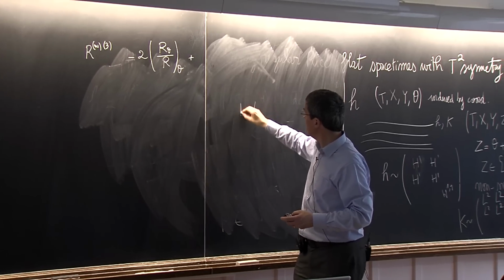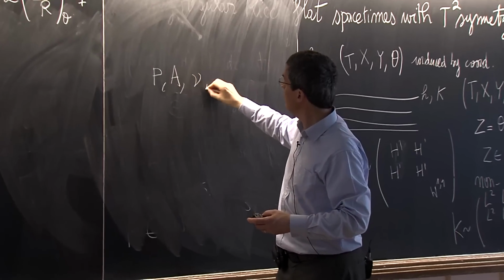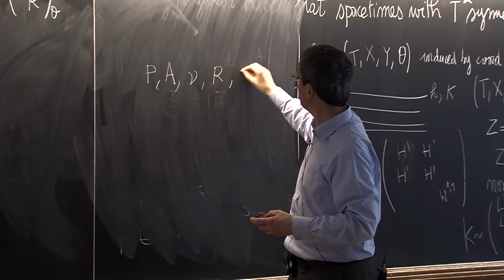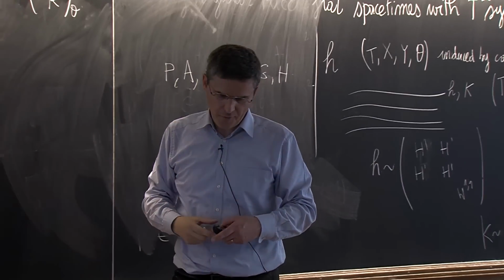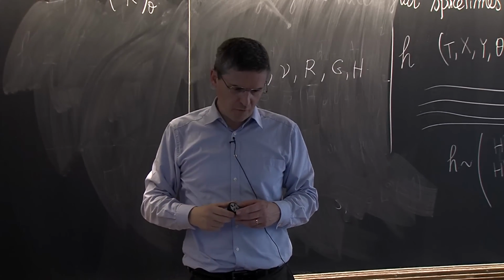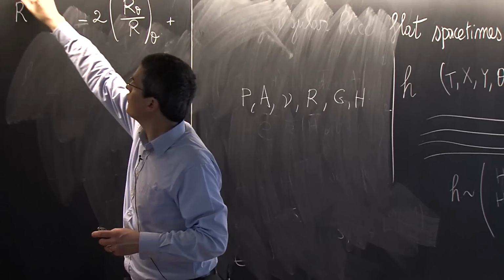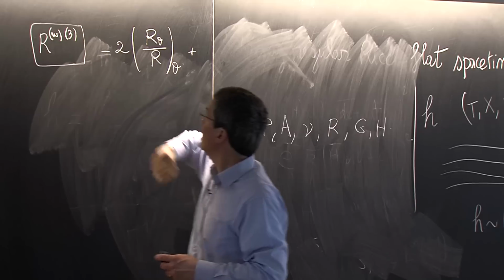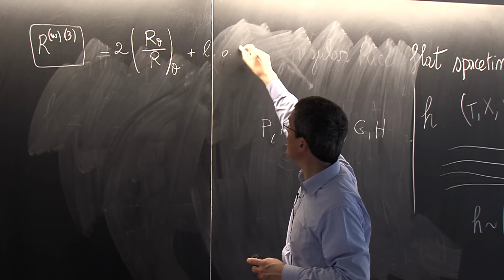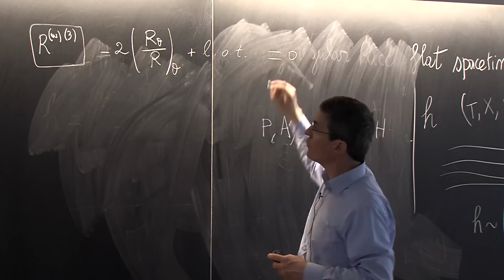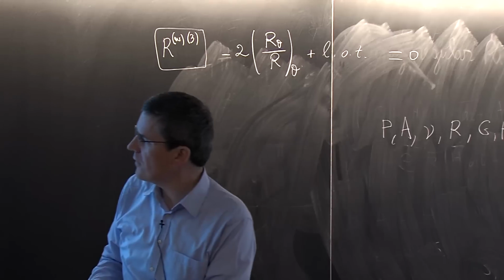So we had a P, an A, PA, we had a nu, R, and G, and H. These were the coefficients of the metric. And so now I have found one equation. So these components here produce an equation which is of this form, with lower order terms here equal to 0. Now let's continue with the next calculation.